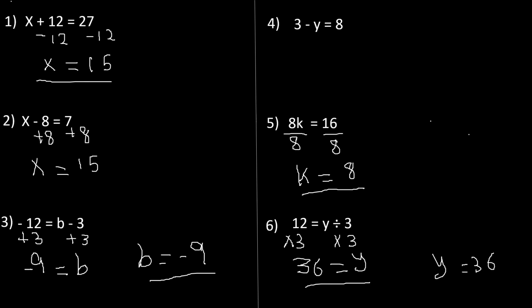So let's go to number 4, because number 4 has multiplication in the next step. So let's do 3 minus y equals 8. Then we have to cancel 3, but take care, 3 is positive, not negative. It's positive here, but we don't write positive if the number is in the first position. So we have to subtract 3 here and subtract 3 here.